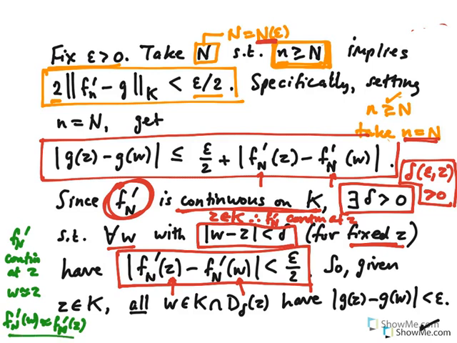And I can get them to be as close as I please. And I want them to be within epsilon over 2 of each other. Since that's positive, I can do that by taking w and z close enough together, within some delta. And this delta is generally dependent on the epsilon, of course, but it's also dependent on z, which is the point at which this thing is continuous.